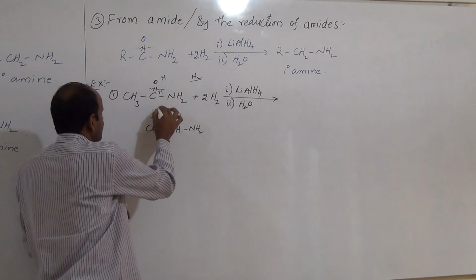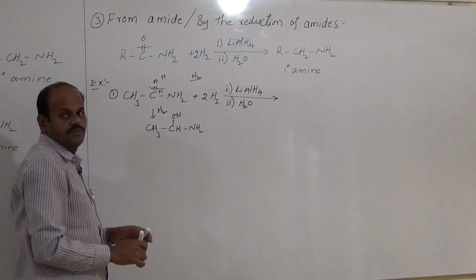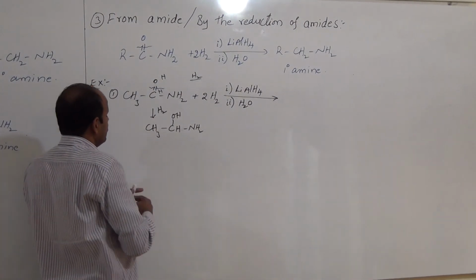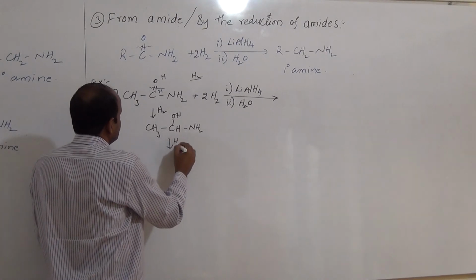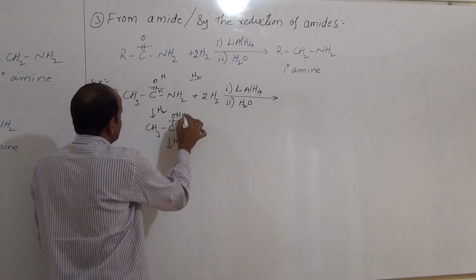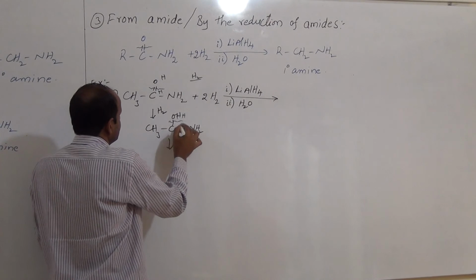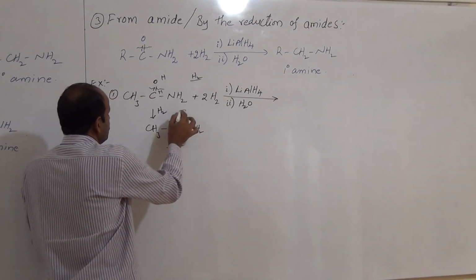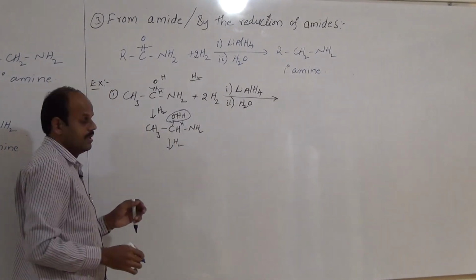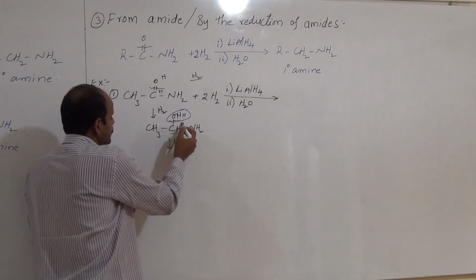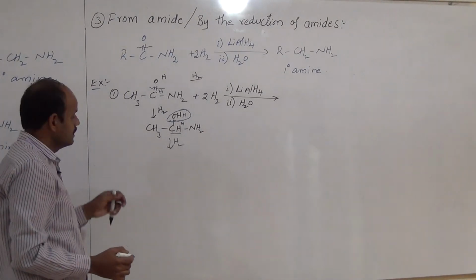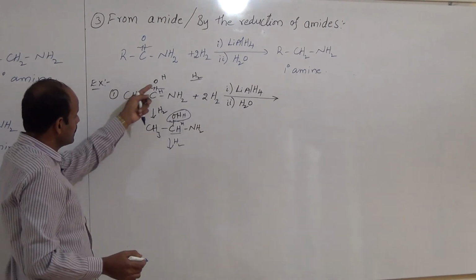If you add one H2 molecule, then again one more H2 is added to this one, then this bond will break down, here H is added, here one more H is added. Thus it is completely removed, and here we get CH2. It involves two steps, but you can write in a single step.